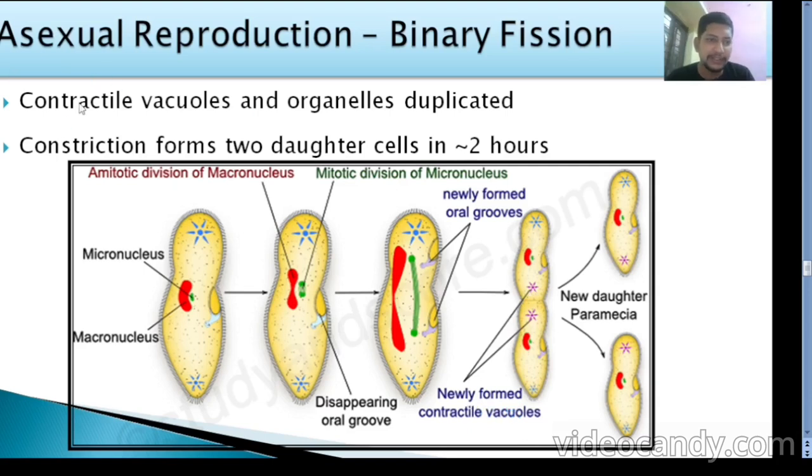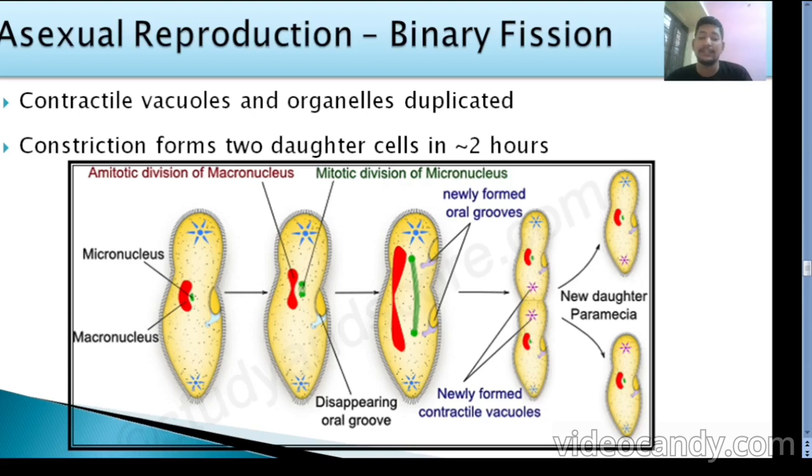So the contractile vacuoles are duplicated, that is, they get doubled. In the parent cell there are two contractile vacuoles. Now you can see in this diagram clearly: 1, 2, 3 and 4. Two original contractile vacuoles and two newly formed contractile vacuoles will be there.